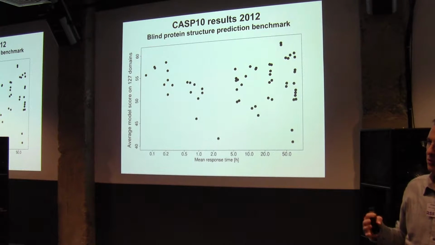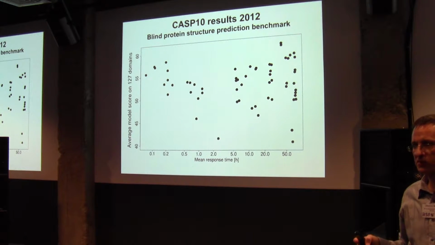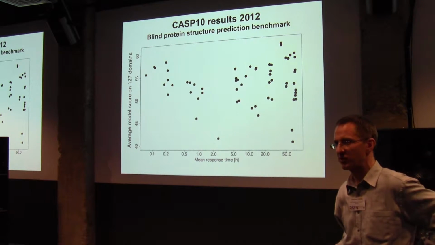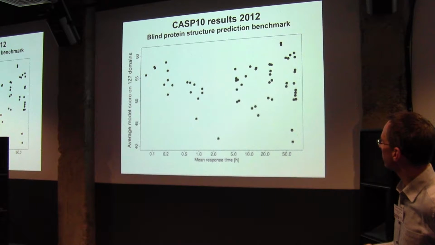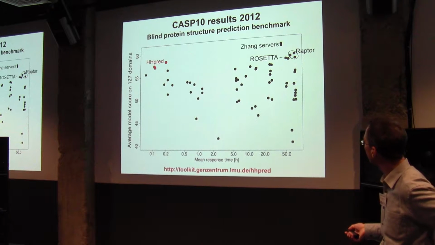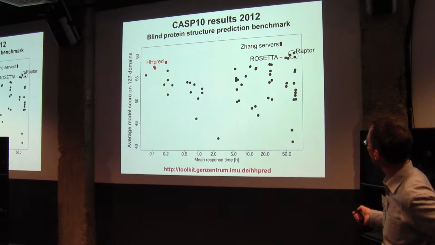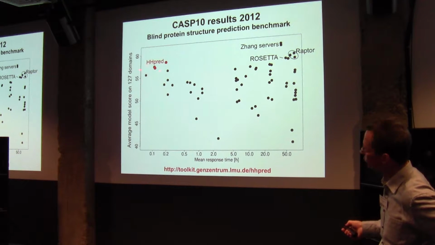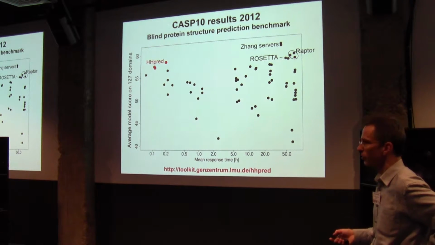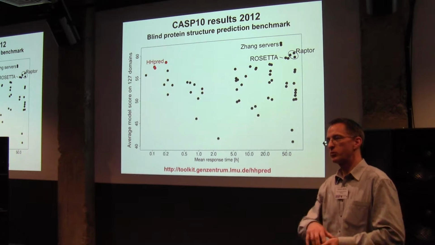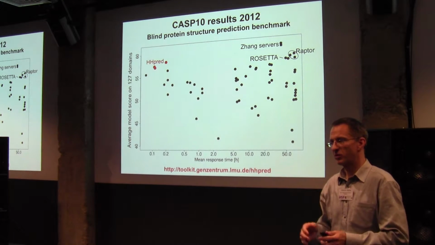The servers have to send back their predictions and their 3D model structure. And the CASP organizers make sure that the structures are not yet solved when they are sent out, so nobody can cheat, and by knowing the experimentalists you don't have any advantage. Each dot is a server, and 4 years ago at least, we were among the best servers, but much faster, because we build a model but we don't refine it anymore.